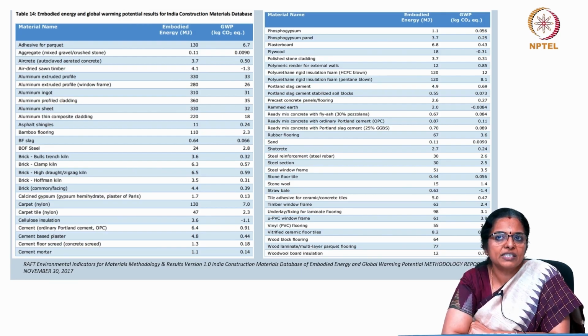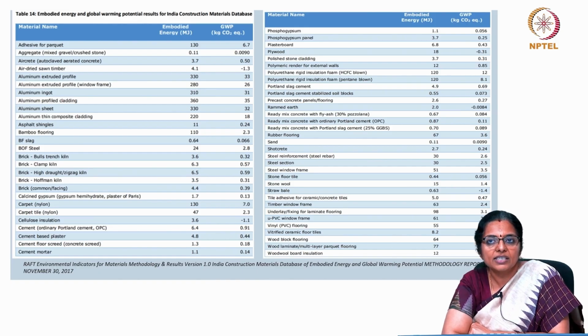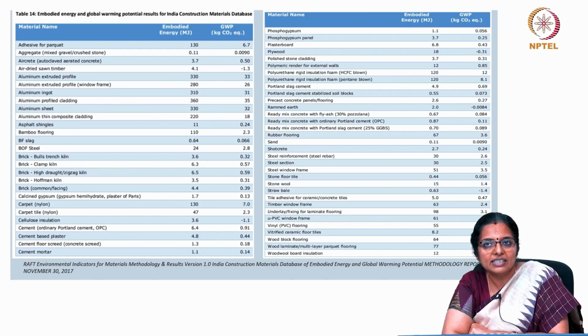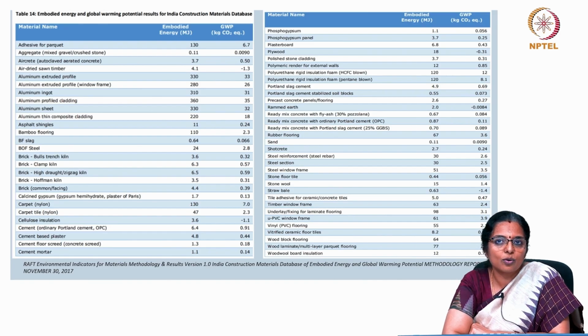When Indian specific data is lacking, European production process data is used. This is adjusted for Indian production conditions. Likely technological differences between Indian and European production are assessed and discussed with stakeholders to maintain data representativeness.